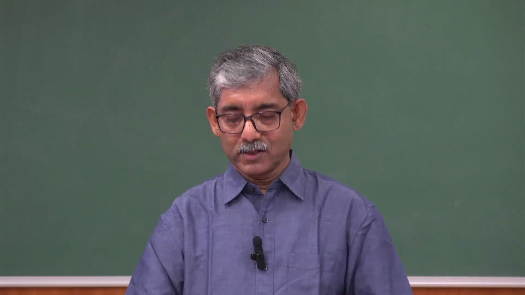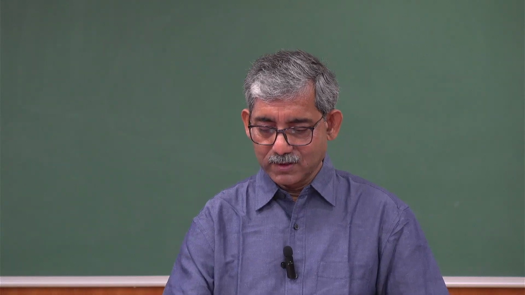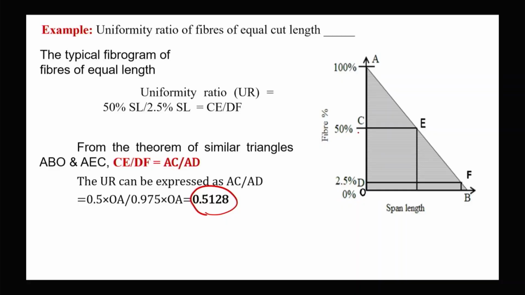So uniformity ratio here, as per this, is CE by DF. Okay, DF is the 2.5% span length, CE is 50% span length.